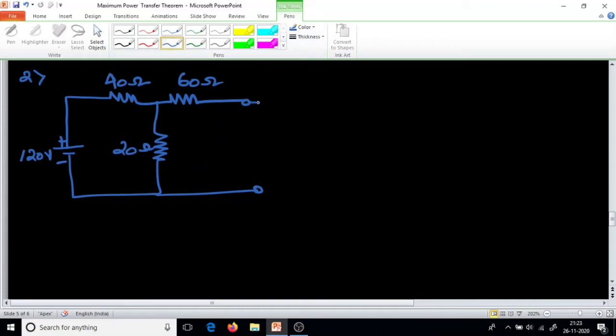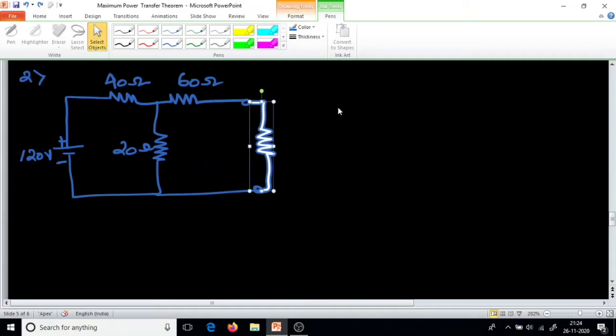So the load resistor he has given us. What is the load resistor? Load resistor, not varying load. It's a load resistor. A load resistor value equal to 10 ohm. Okay, he has not given the load resistor.